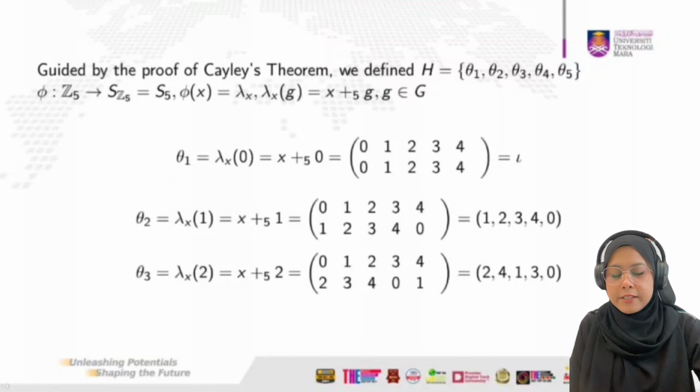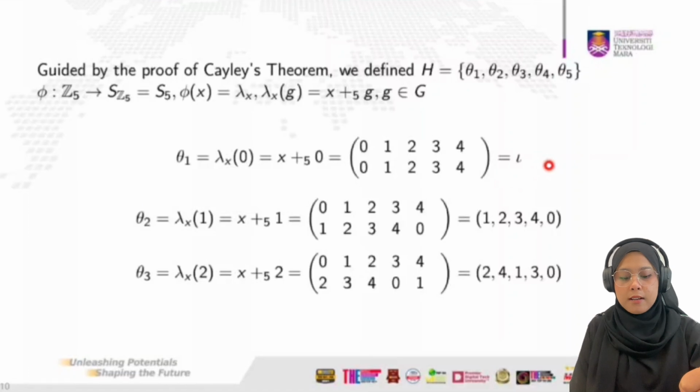The operation here is x addition modulo 5, 0. And the answer we obtained here is iota, since all of the elements map to themselves.